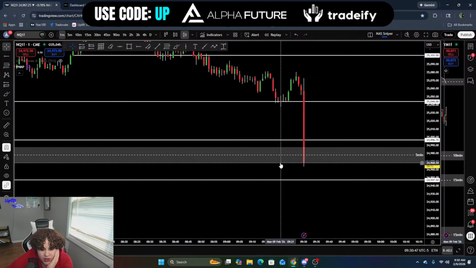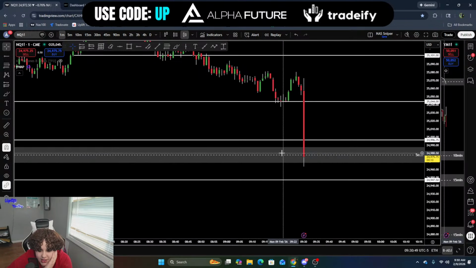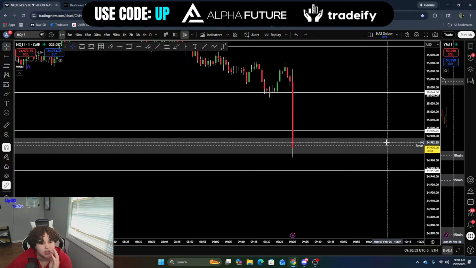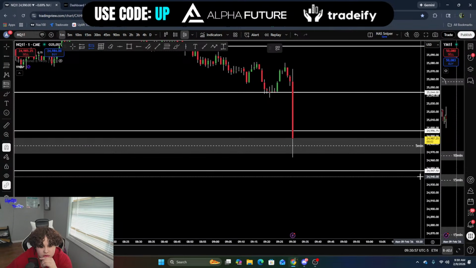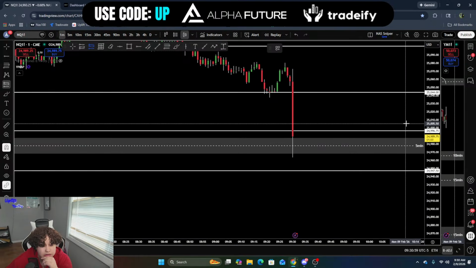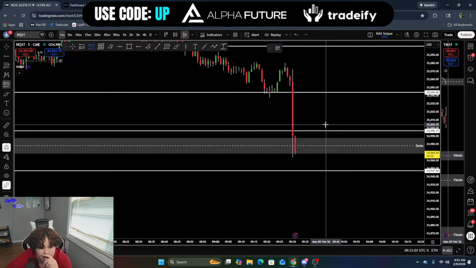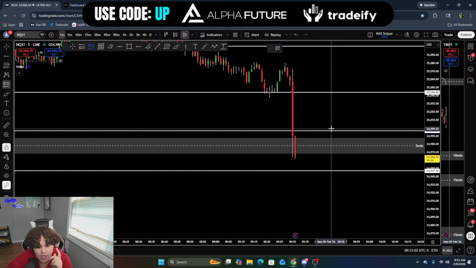Again, I think if it closes below 968 or 977, the shorts are going to continue. Oh, yeah, that's not a good candle close for shorts. At least not yet.